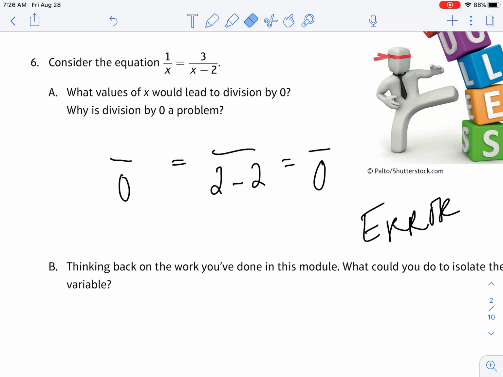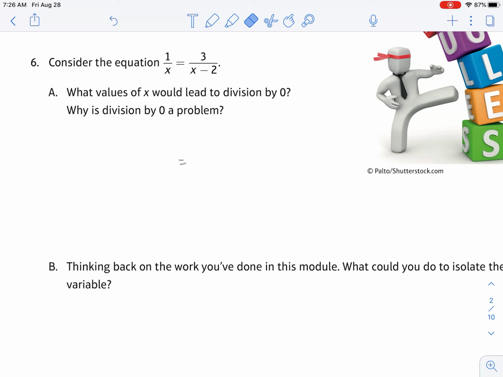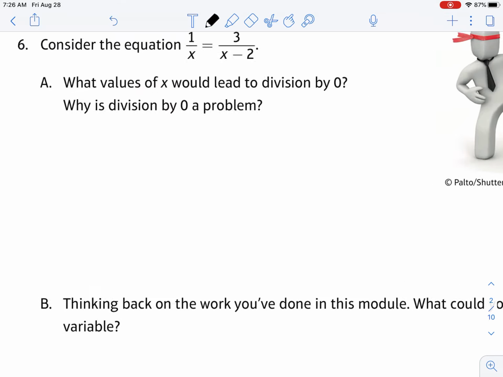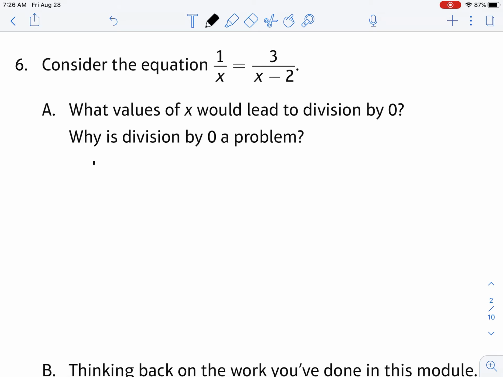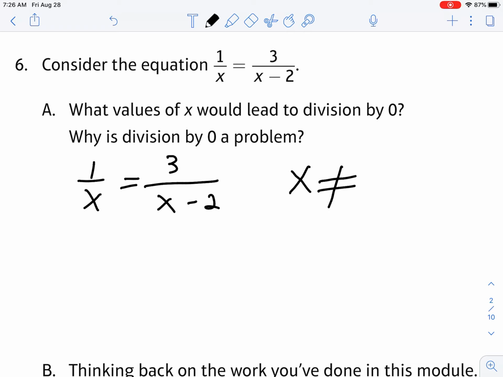Let's go ahead and read the question and answer it together. What values of x would lead to division by 0? Why is division by 0 a problem? Well, if I have 1 over x equals 3 all over x minus 2, now you guys can write, we would say that x cannot be 0 or 2.